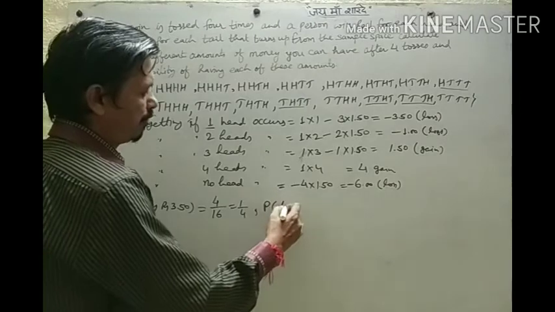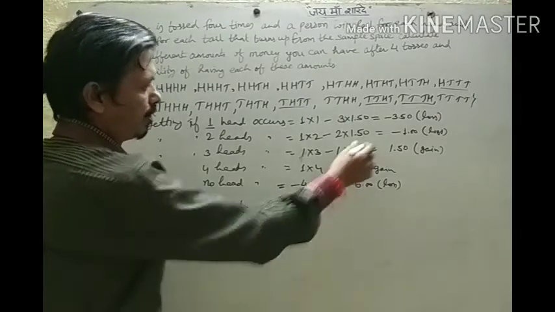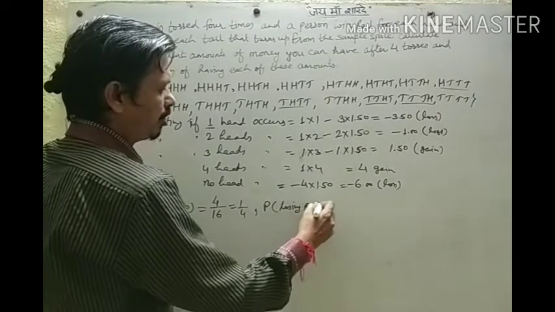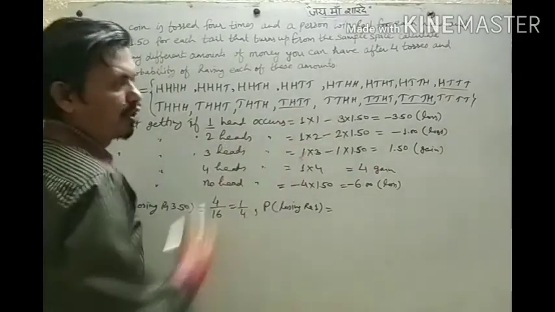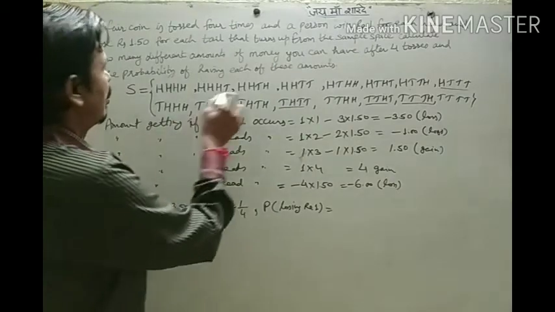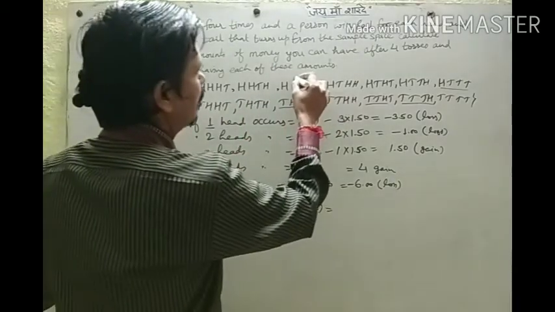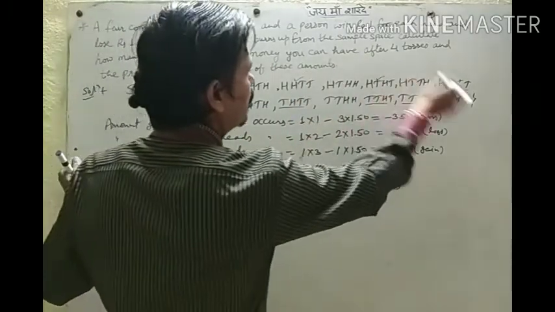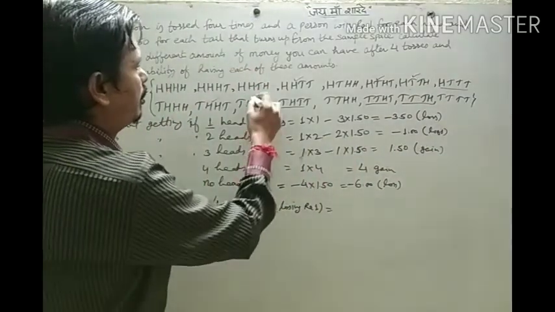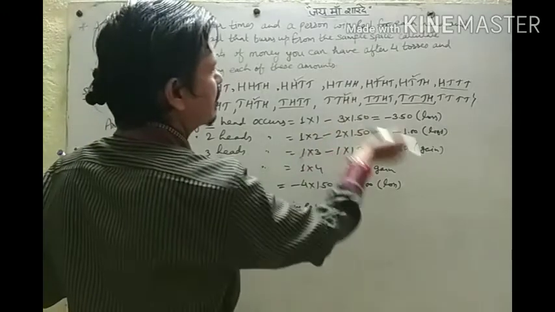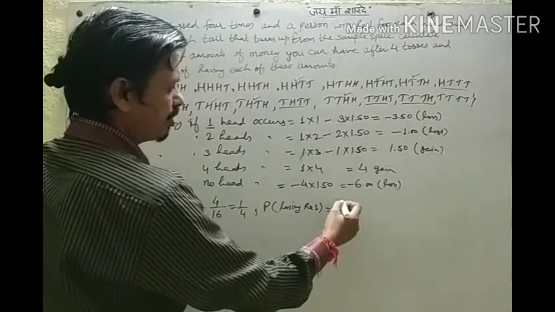Then the probability of losing 1 rupee. 1 rupee means if 2 heads occur, then we have a loss of 1 rupee. So how many times are there 2 heads? 1, 2, 3, 4, 5, 6. 6 times we are having 2 heads.